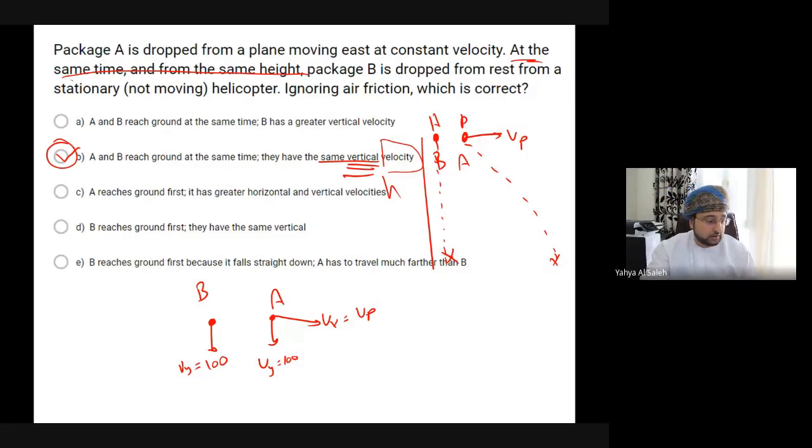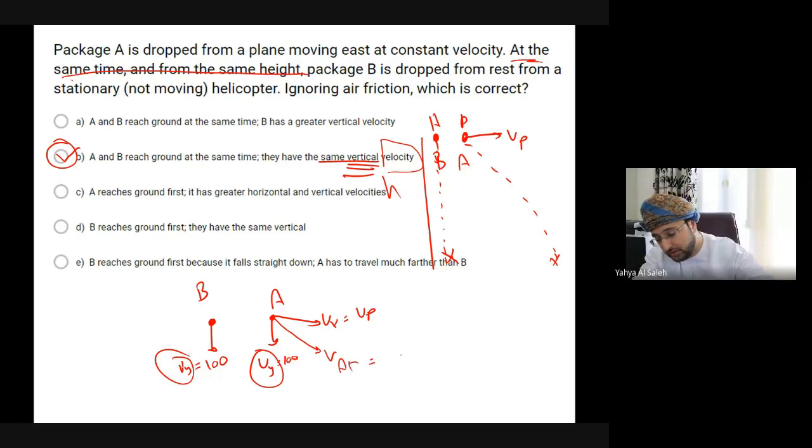So they don't have the same velocity. They have the same vertical velocity. So their y components are the same. Their total velocity is not the same. The total velocity of A is going to be in this direction, VA total, which is going to be V plane squared plus Vy squared, all square rooted.